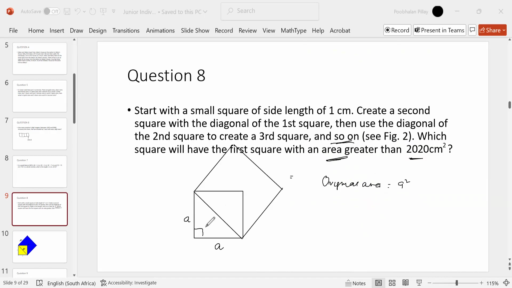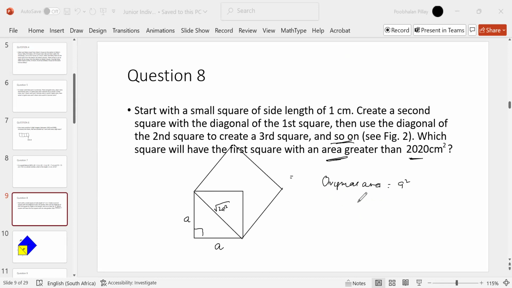Now, what is the area of the next square? Well, again, we use Pythagoras. And here you have square root of A squared plus A squared, which is 2A squared. Right? So it's A squared plus A squared and the square root of that. That's Pythagoras' theorem. Square the two sides and find the square root of the sum. Now I got the hypotenuse to be the square root of 2A squared.